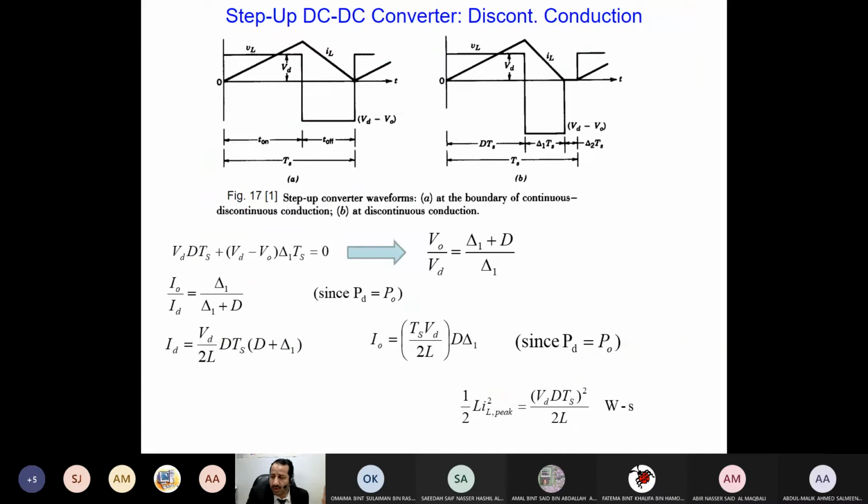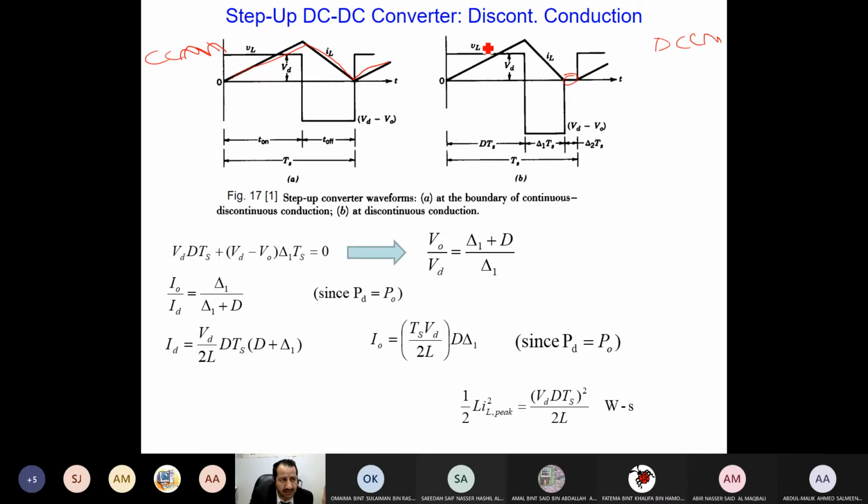Now, also, you remember we discussed the continuous and discontinuous modes. This is discontinuous conduction mode, and this is continuous conduction mode. You can see it's not going to zero, while here we have some time when the current becomes 0, so discontinuity in the current occurs.